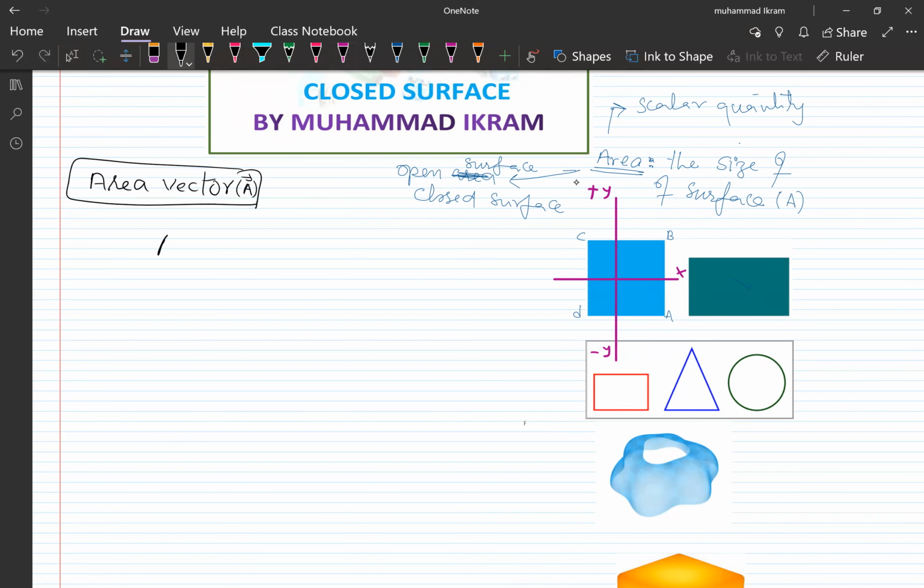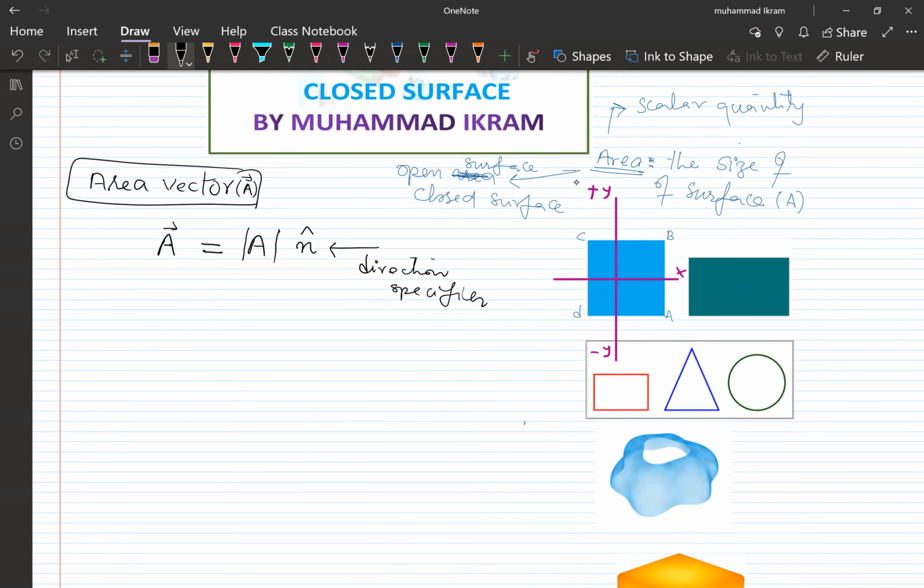So what is the area vector? Area vector A is defined to be the magnitude of the area bounded by a certain surface times a unit vector, right? Now this unit vector is in fact the direction specifier.